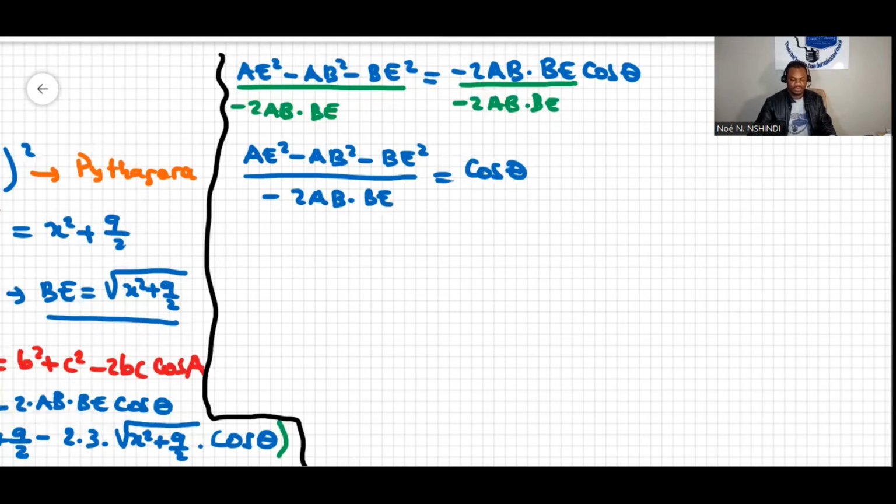Let's just reverse: cos theta will be equal to AE squared minus AB squared minus BE squared, all over negative 2AB times BE.